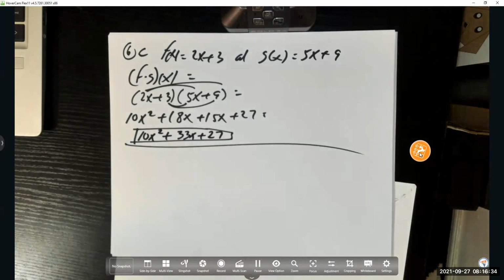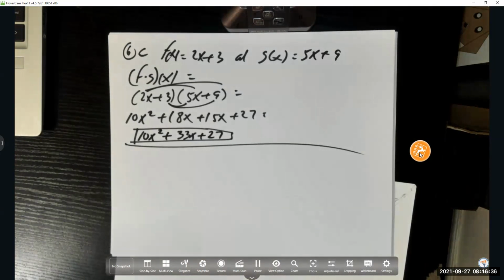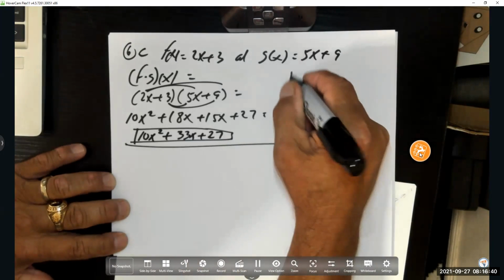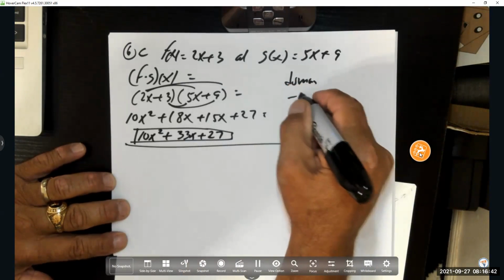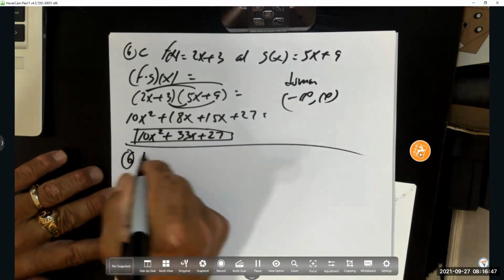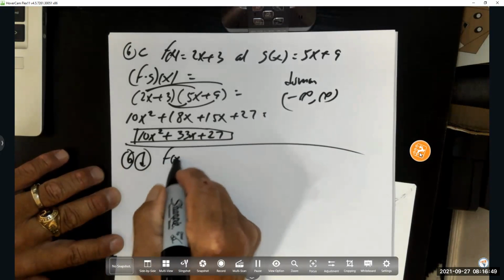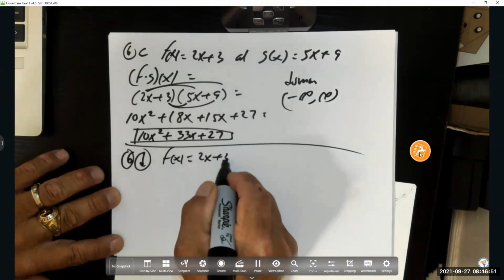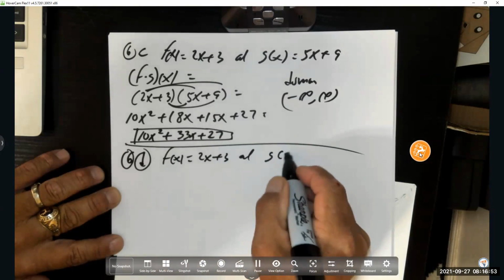Is that it? Correct. Yep. 33. All right. And domain, same thing. It's a generic answer. Minus infinity, any number you want to put in there. Now, 6 letter D says f of x, same problem, and g of x, the same problem.